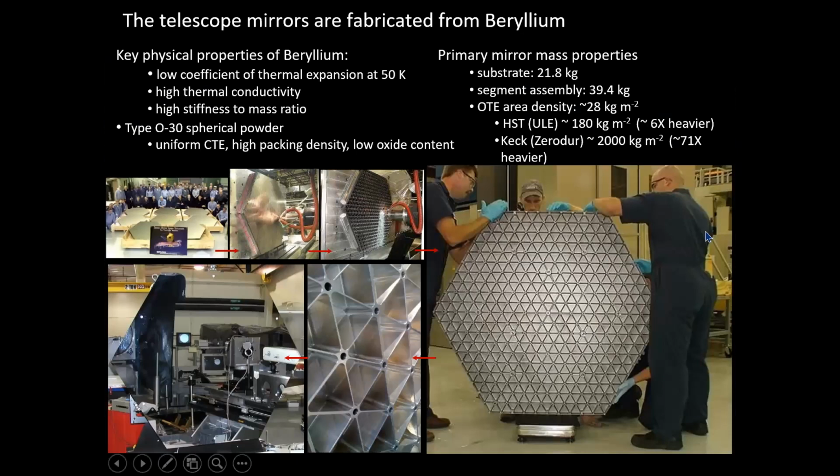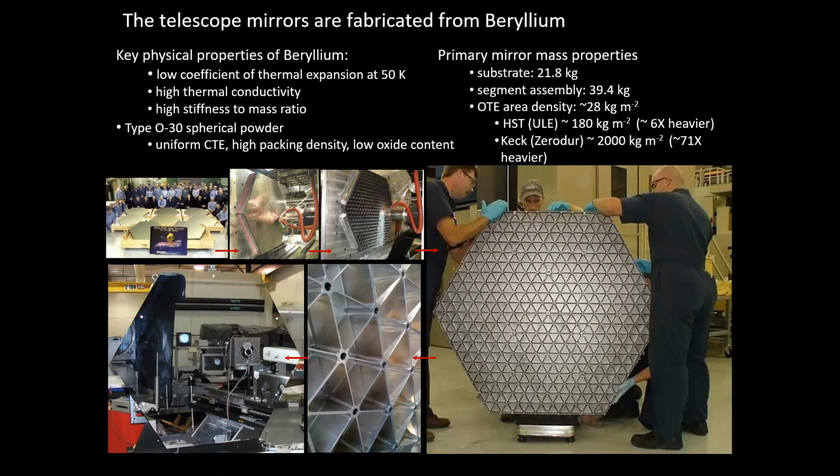Now, the Webb mirrors, those 18 hexagonal mirror segments, are not made of glass. They're made of a material called beryllium. Why did we choose beryllium? As the Webb slews across the sky to visit various objects, there will be thermal gradients formed in the mirror.